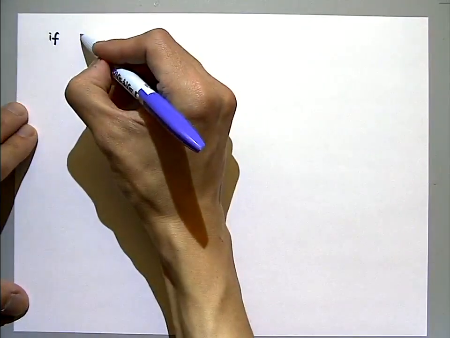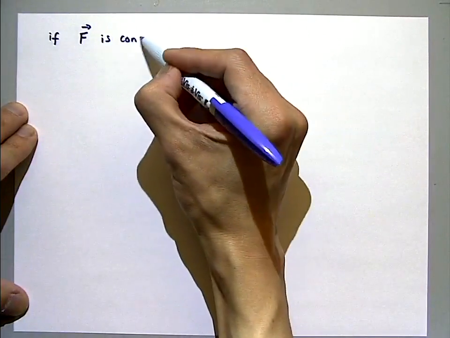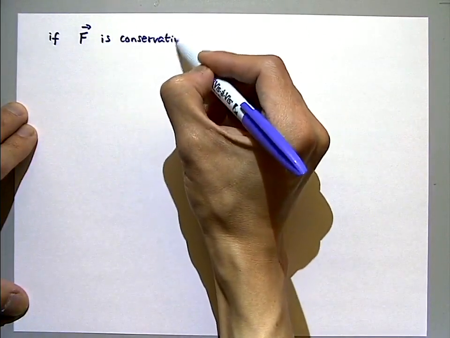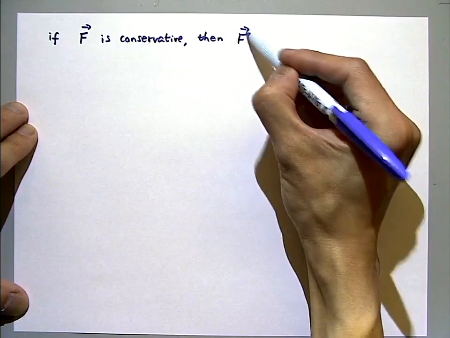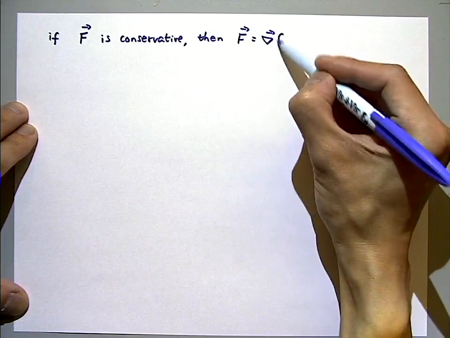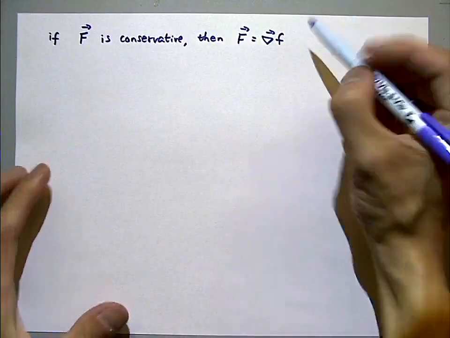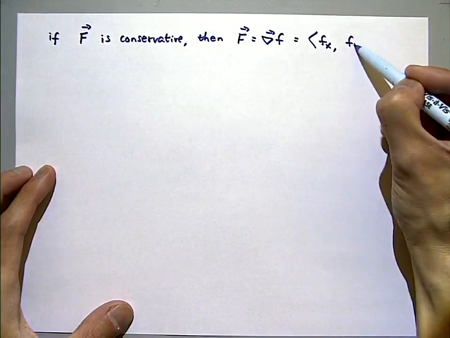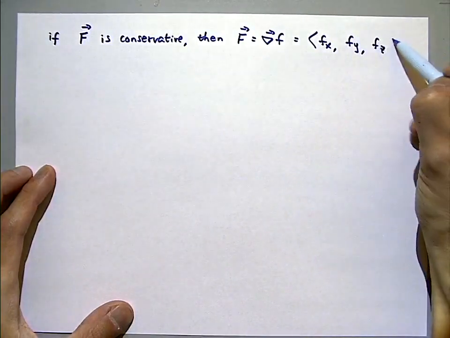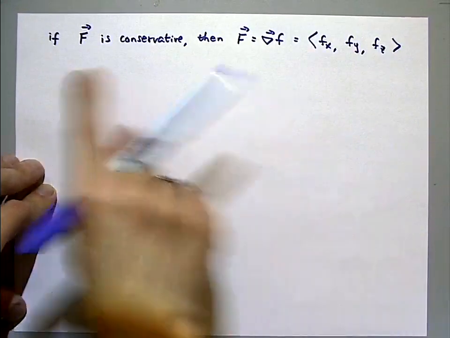Now, what's interesting about this curl is, if we have a vector field, and we know it is conservative, so that means F is the gradient of some potential function f. Let's see what happens when we do the curl of this thing.